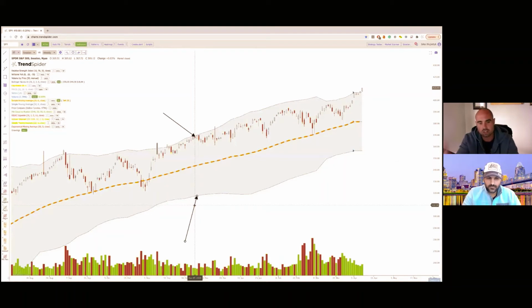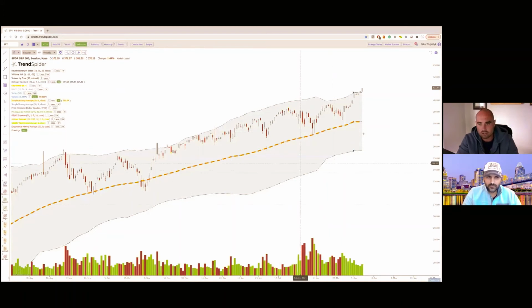This allows you to see overall the volatility, and as the price action starts to really trade in a range, you'll see that the Bollinger Bands get tighter because you don't have as much volatility between the prices over that 20 period time frame.